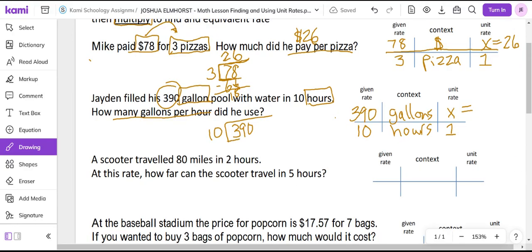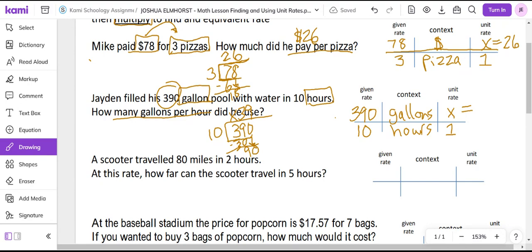So looking at the first digit, how many multiples of 10 go into 3? None. So we go to the next digit. How many multiples of 10 go into 39? 3 times 10 is 30. We subtract, bring the 9. Now we bring a 0 over, or bring it down. And then how many 10s go into 90?